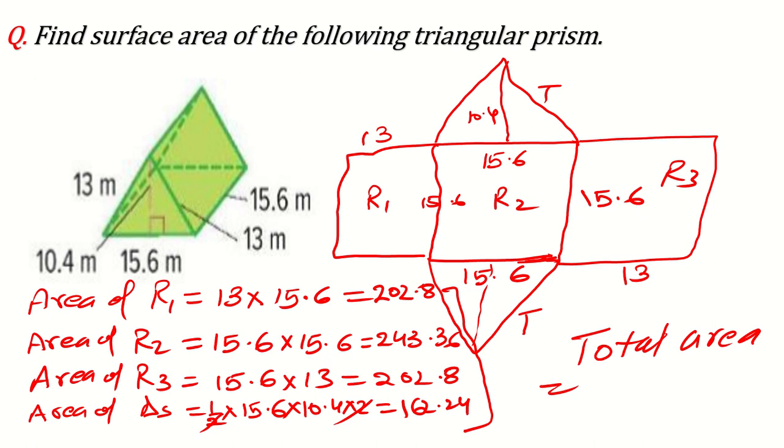Okay, my dear students, maybe you have noticed that I said 243.36 in a different way, but you will not say like this. Okay, now its answer is 811.2 meter square, and if we round to the nearest whole number, then the answer will be 811 meter square. Okay, like this you can solve the question.